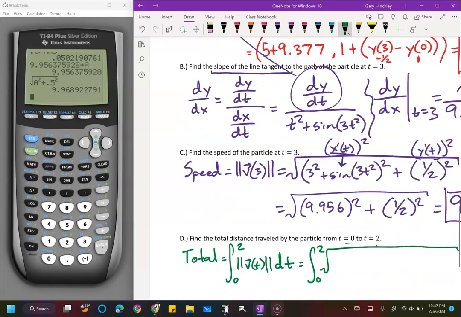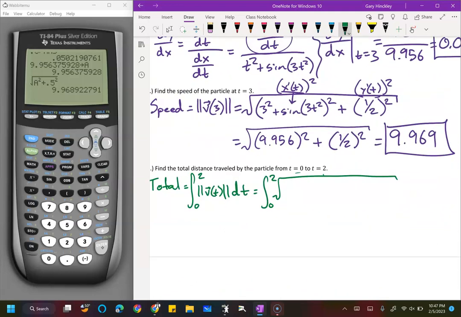I know this is the square root of x prime of t squared plus y prime of t squared dt.